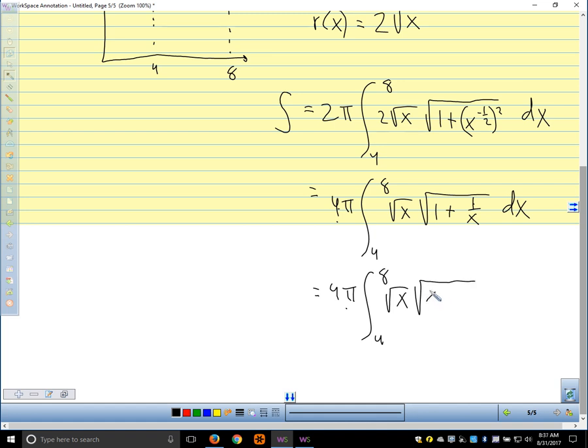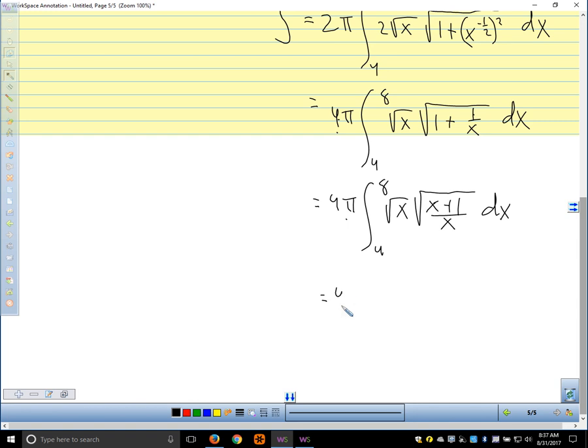Square root of x plus 1 over x dx. Well, I have a square root of x here and a square root of x there. What happens? They go away. And now we have an easy integral. This is just a power rule.